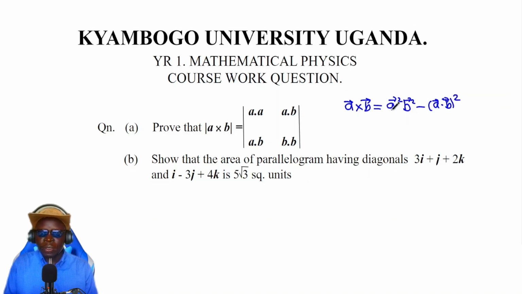So the product of the magnitudes of A and B squared minus the dot product squared. That is one thing you have to note. I don't know which symbol you are using.